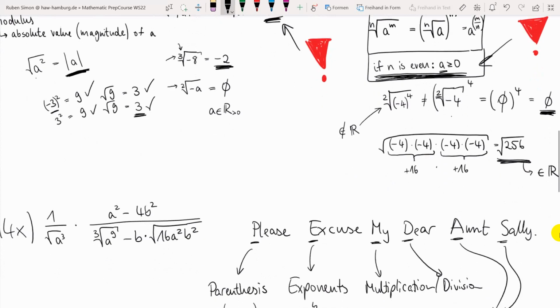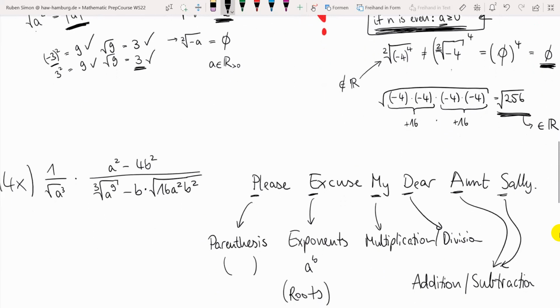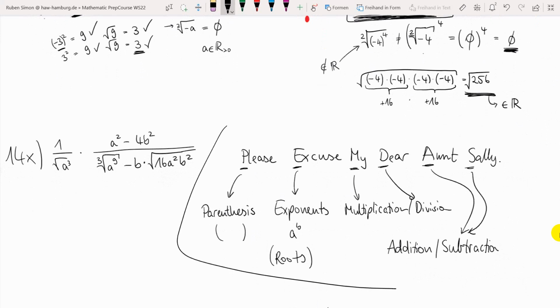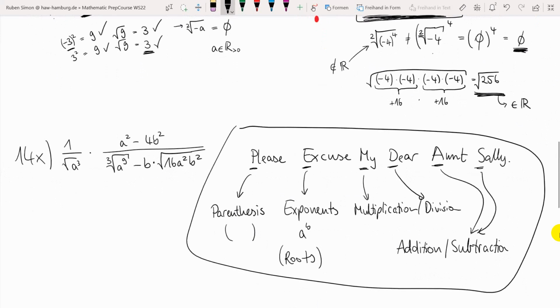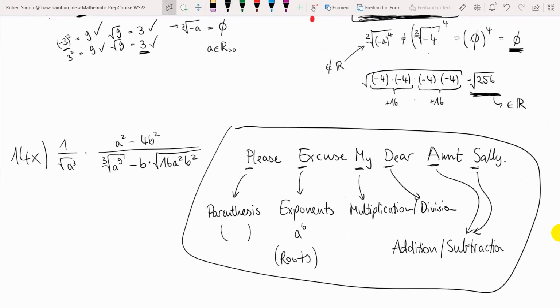All right, so let's use these rules and this helpful little sentence in order to solve our task 14x. Does anybody have an idea how to approach this task? Yes, that would be an idea.